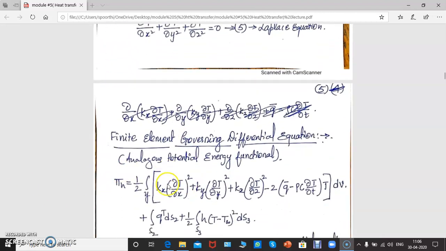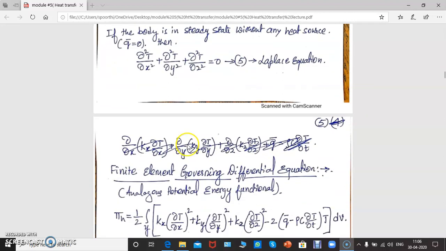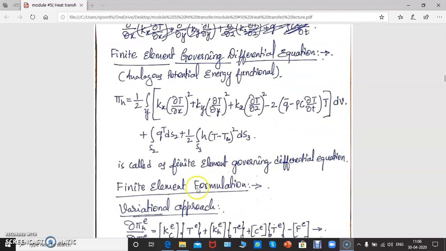Now, let us come to the finite element method. What I was talking about here was heat transfer. Now, how are these equations used in the finite element model? Again, I am not going to get into too many details because it is purely mathematical. You can see here the governing differential equation.